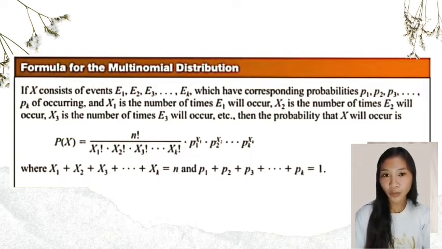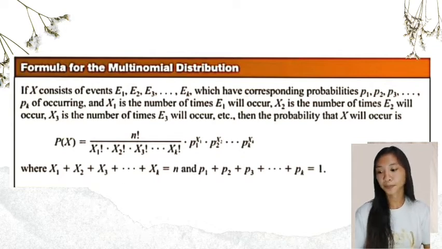Then the probability that x will occur is equal to n factorial over x sub 1 factorial times x sub 2 factorial times x sub 3 factorial and so on, x sub k factorial, times p sub 1 to the power of x sub 1 times p sub 2 to the power of x sub 2 and so on, p sub k to the power of x sub k, where x sub 1 plus x sub 2 plus x sub 3 and so on plus x sub k is equal to n, and p sub 1 plus p sub 2 plus p sub 3 and so on to p sub k is equal to 1.